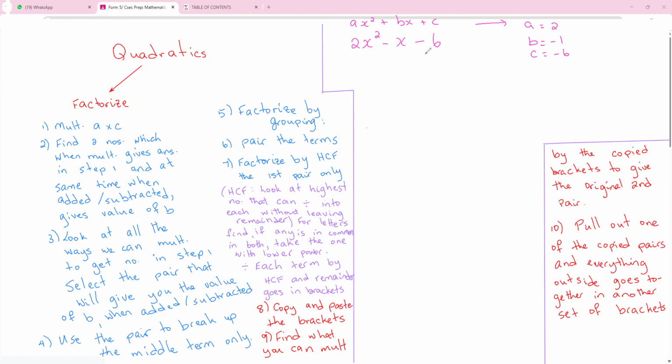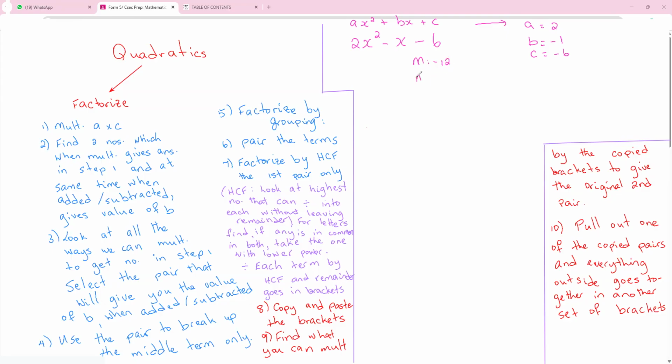Now, if you recall from the last example, I would have added m here. M multiplying. So we're going to be multiplying A times C. So A is 2 and C is negative 6. So we have 2 times negative 6, which will be negative 12.